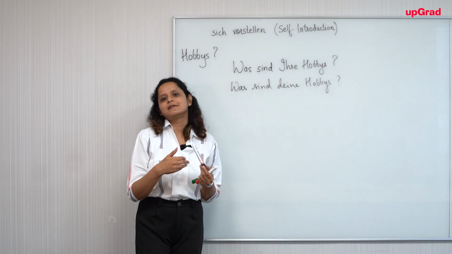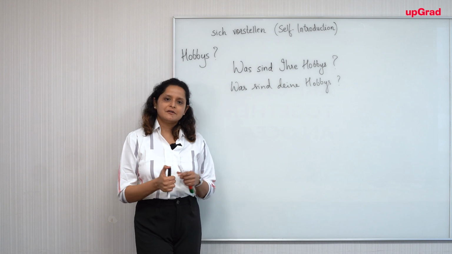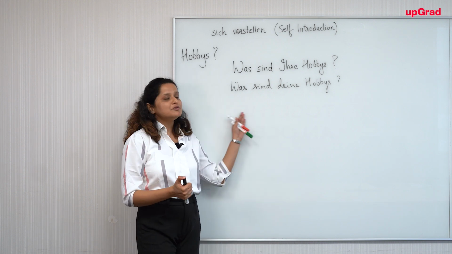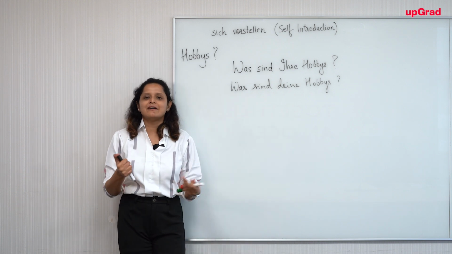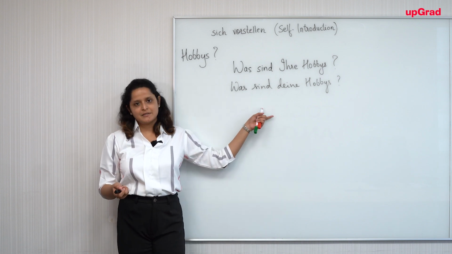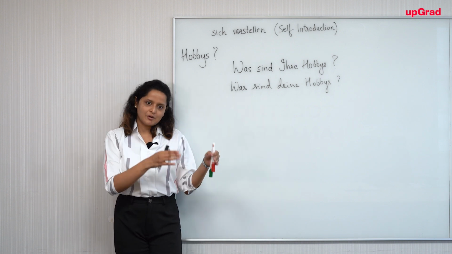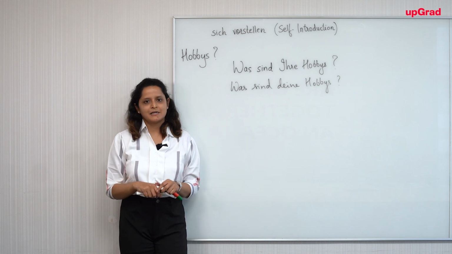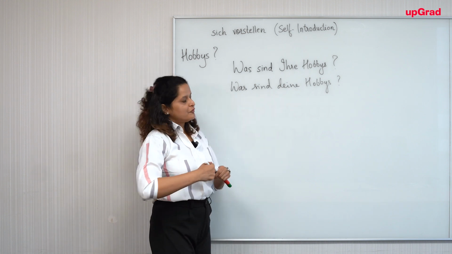The answers here can be diverse. So, whatever verbs you have learned, you can use them as hobbies. Say, traveling is a hobby, playing is a hobby. Okay, so whatever hobbies you have, you can either use one hobby or you can use multiple hobbies. So, let's take a few for example.